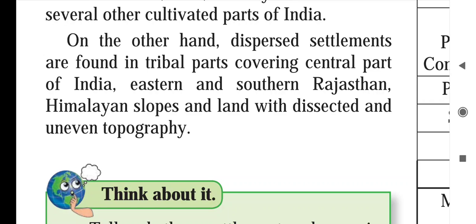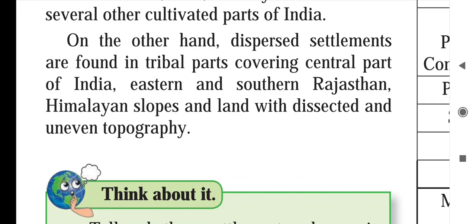Dissected means what? Means not continuous, it is uneven. Suppose there is a forest region or plateau region, you will not find a proper place where you can establish your houses, your colonies, small villages. So they are not like that.